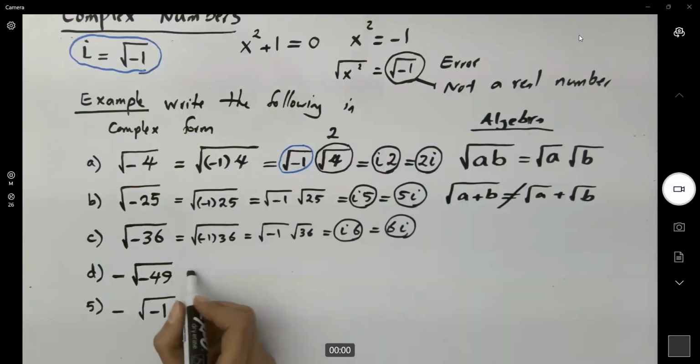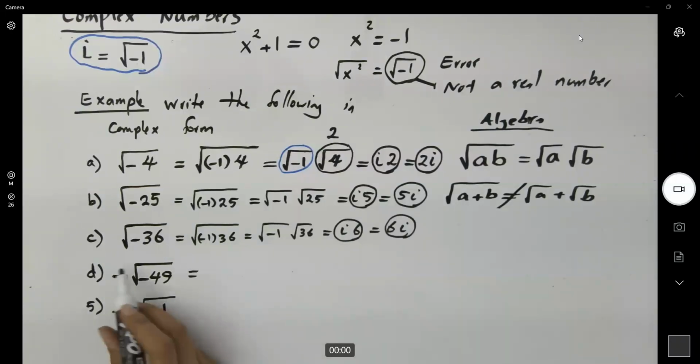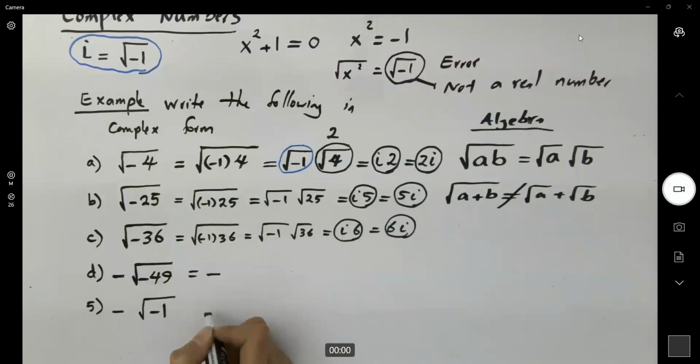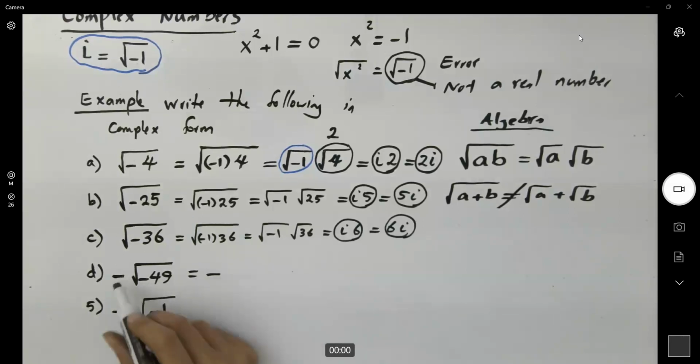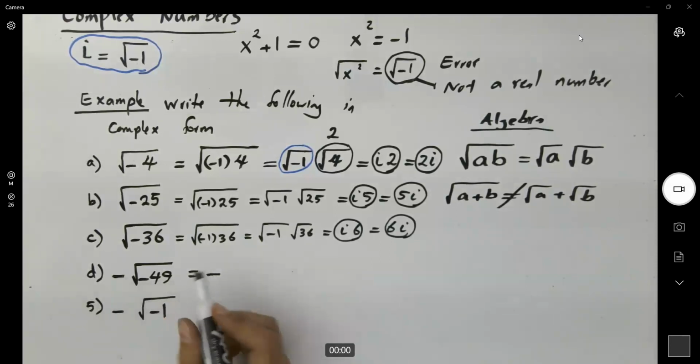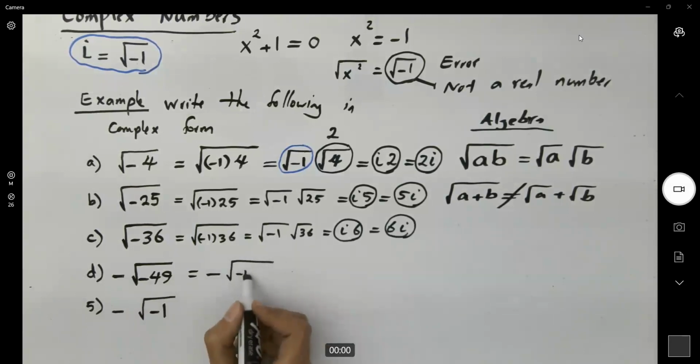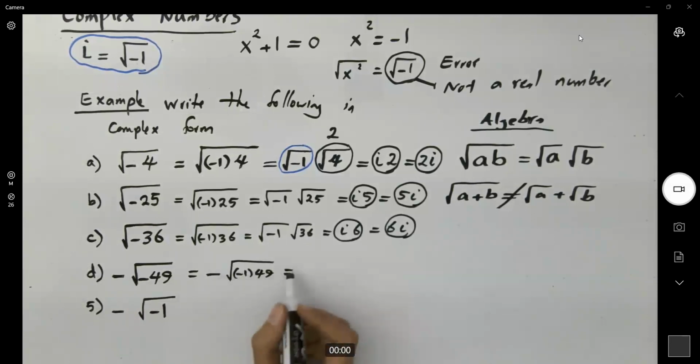Perfect. What about this guy? Okay, just be careful here. We have a negative sign in the front of the radical. You have to copy this guy down. There is no way to get rid of this negative sign. You cannot just say that, hey, negative times negative is positive. It is wrong. So copy your negative sign. Inside the radical, you have negative 1 times 49. Copy down your negative sign.